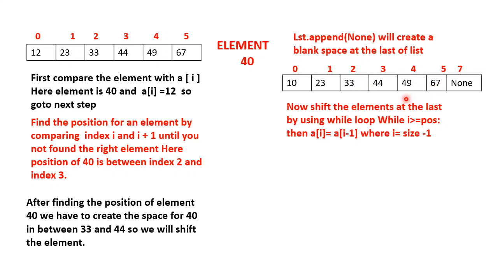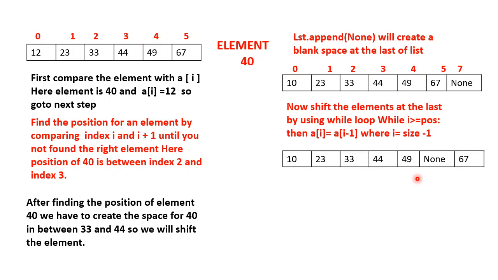What is a[i]? a[6]. So 567 will be shifted one position right, and this process will be repeated until this condition gets false, and we will find the appropriate position for 40.